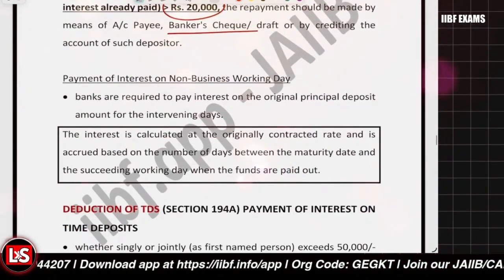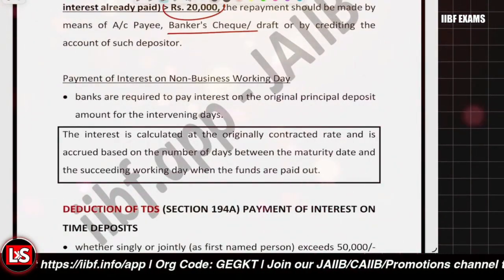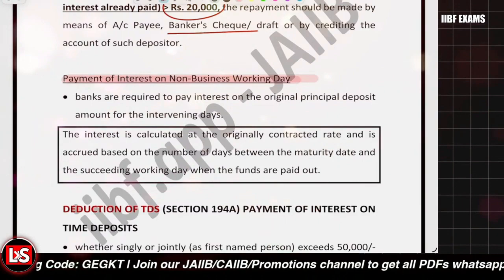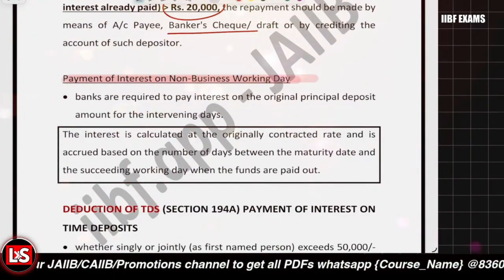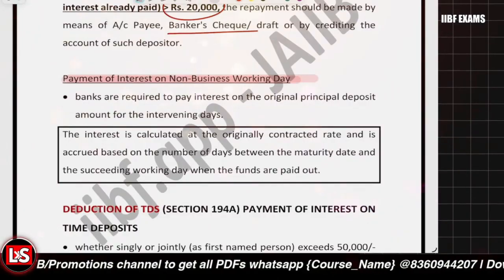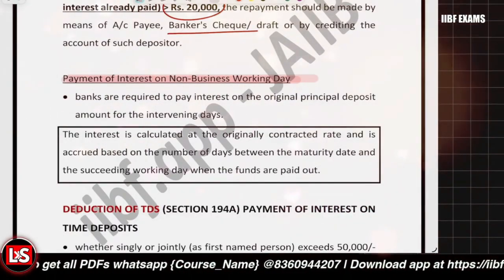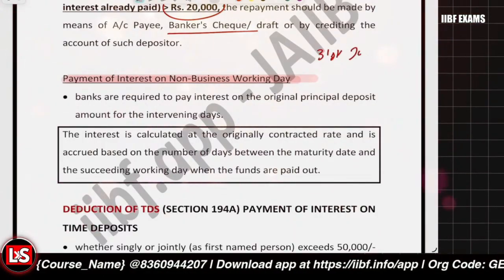Further, it's related to payment of interest on a non-business working day. Let's say the maturity date of the FDR falls on a public holiday or bank holiday, a non-working day. Let's say maturity is on 31st of July and that's a holiday.